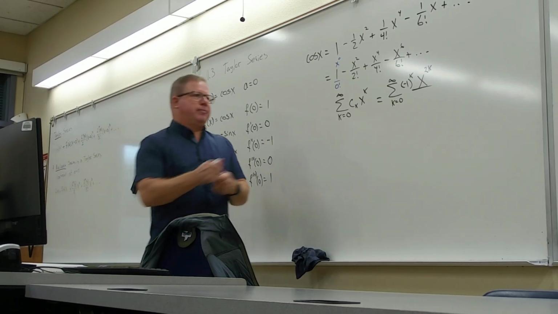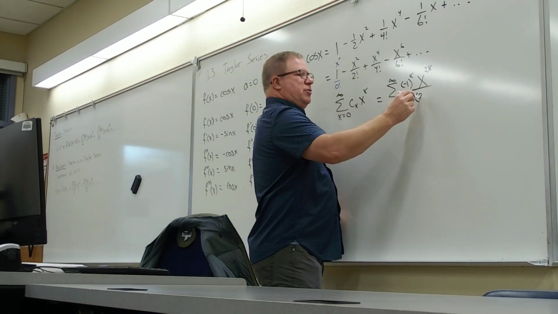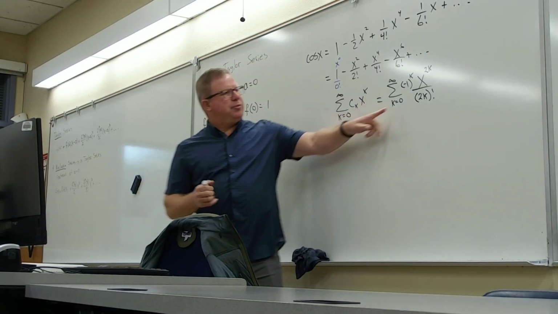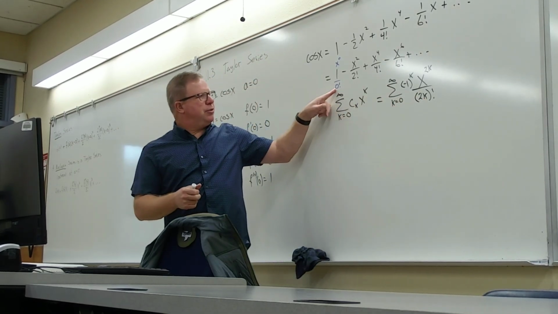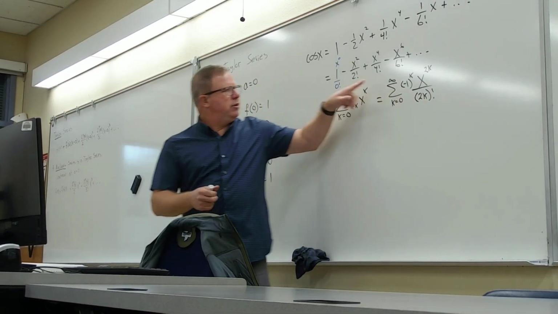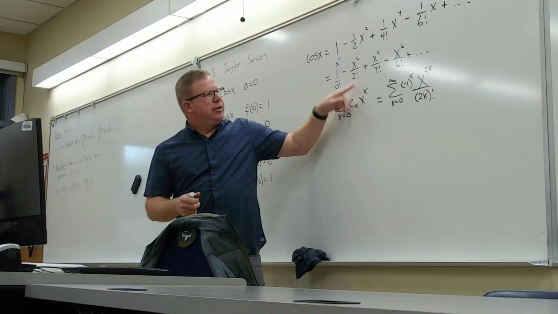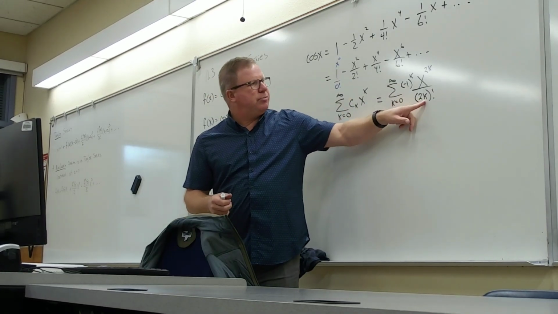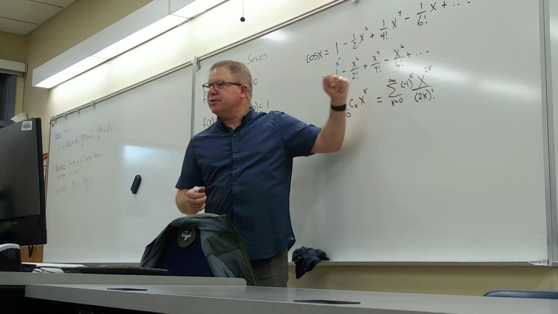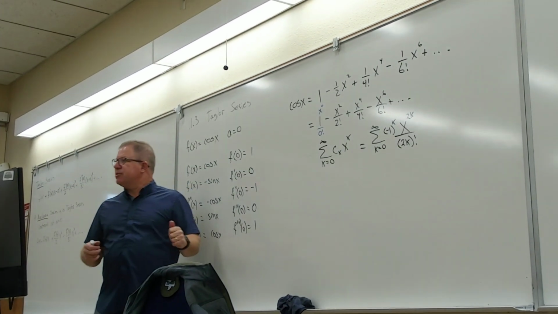There we go, 2k. 2k factorial. So when we put in 0, we get 0 factorial. When we put in 1, 2 times 1, 2 factorial. When we put in 2, 2 times 2, 4 factorial. 3, 6 factorial. Get it? See what's happening?